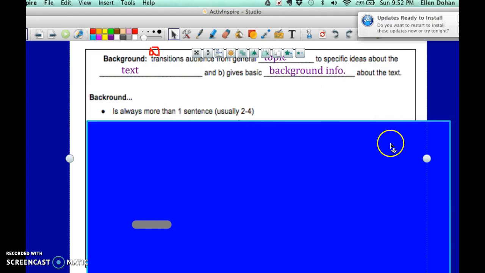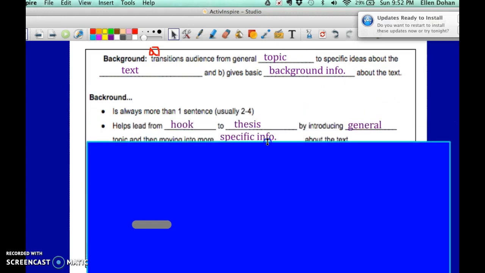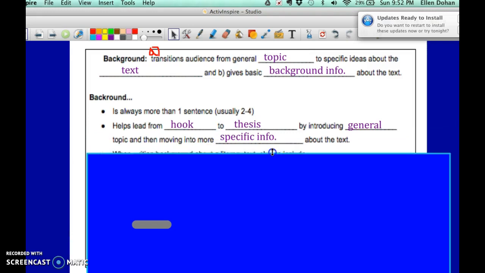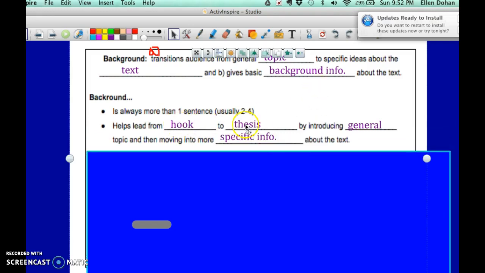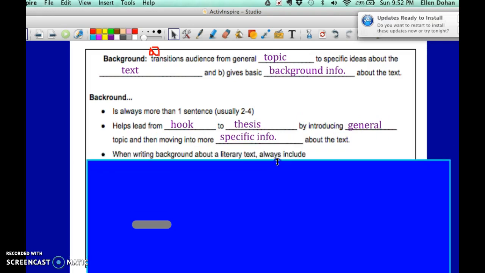First, usually it's more than one sentence, and that's because it just has a lot to do. Second, what it does is it leads from the hook to the thesis by moving from general to more specific information about the topic. And last, here are some really specific things that you need to write down and make sure you include in your intro paragraph.